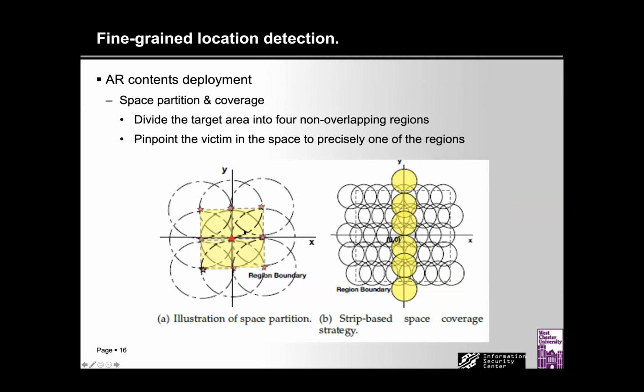By placing the AR content in a very dense way, and using this strip-based space coverage strategy to make sure that each AR content uniquely covers a certain piece of space, we can greatly improve the localization accuracy.